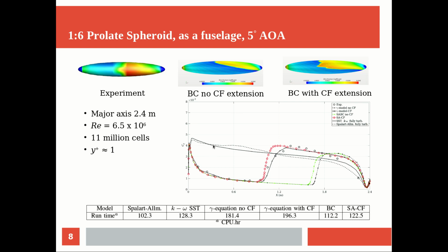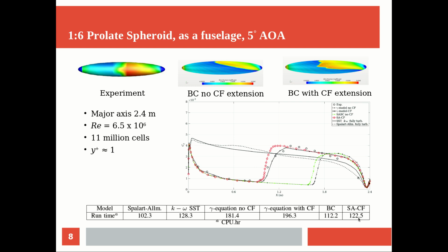These two lines are fully turbulent SST k-omega and Spalart-Allmaras, which expectedly don't detect transition at all. These two lines are the transitional turbulence model without CF extension, and these three lines are with CF extension. This solid line with black dots is my model, which is as accurate as its predecessors.